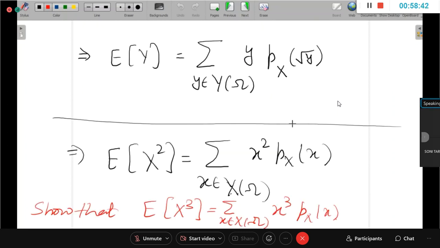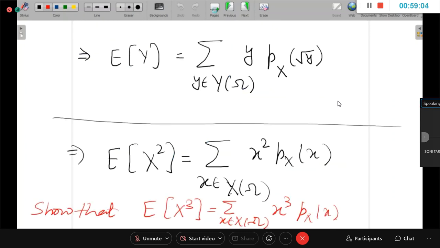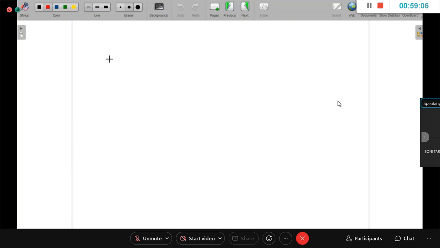So here, if you go with the similar notation, you will have cube root of y and so on. If you go for the nth one, you have the nth root of y, 1 by n. In general, for this x square, you can generalize using the principle of mathematical induction.